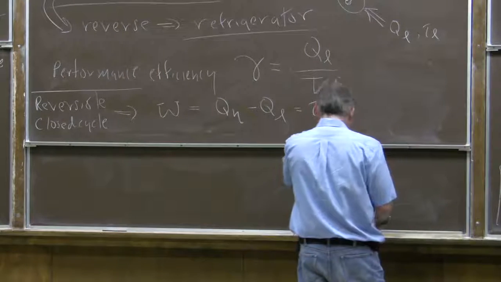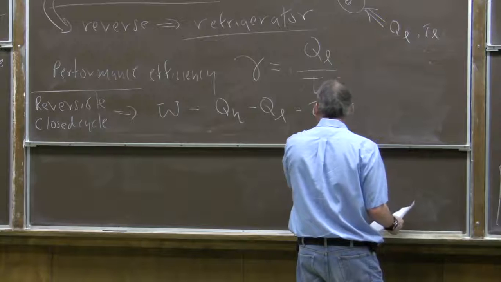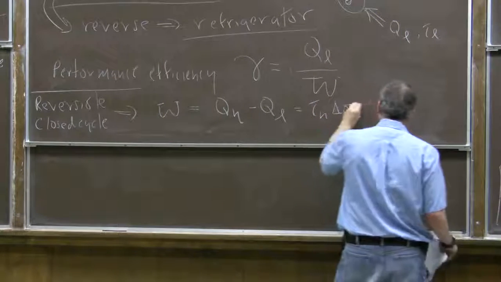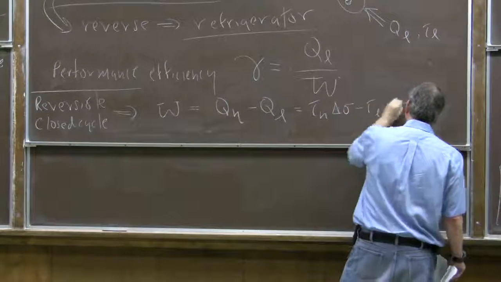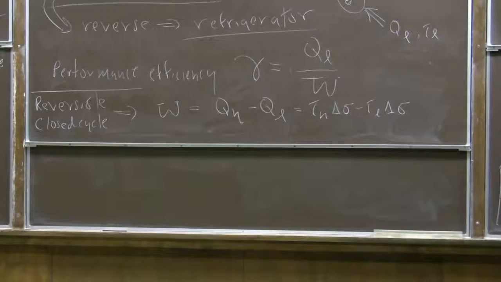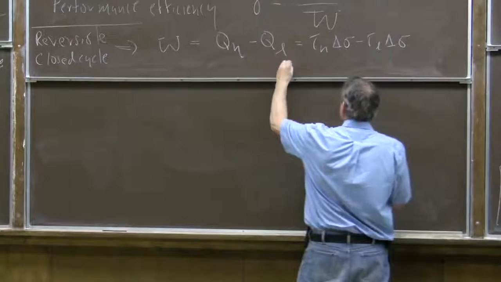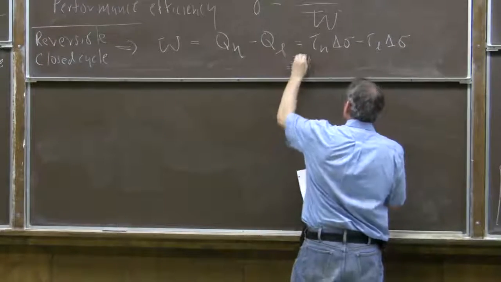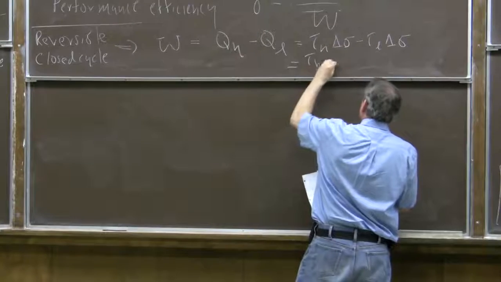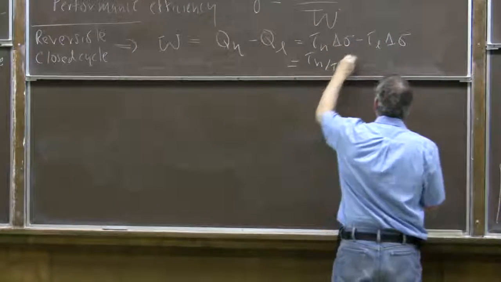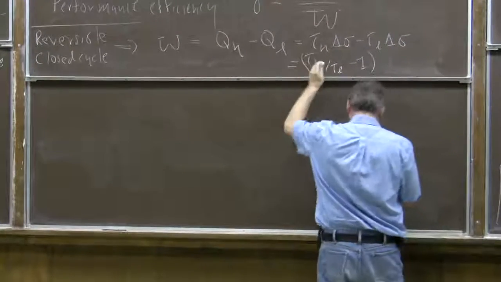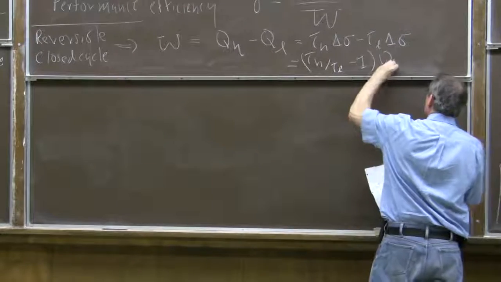So, for the same delta sigma, I can write QH as tau H delta sigma, and QL is tau L delta sigma. So if I factor out QL, I can write QH as tau H over tau L minus 1 times QL.